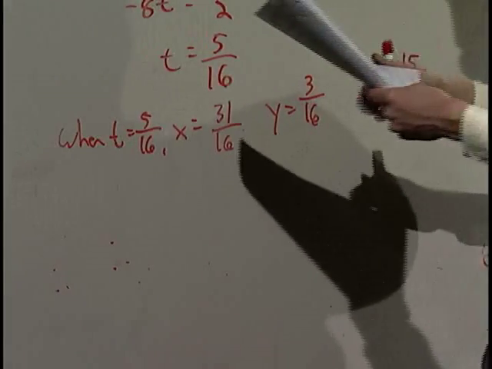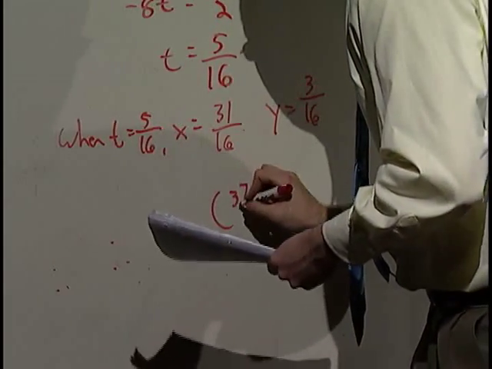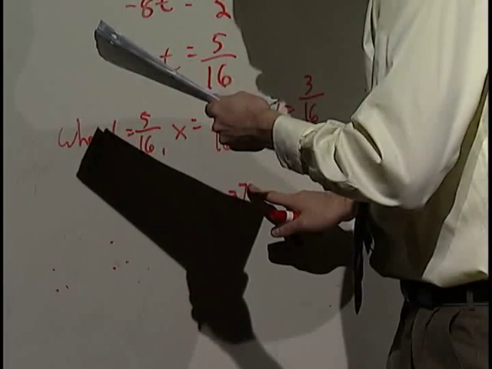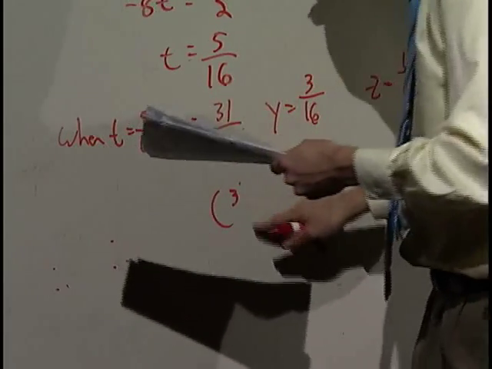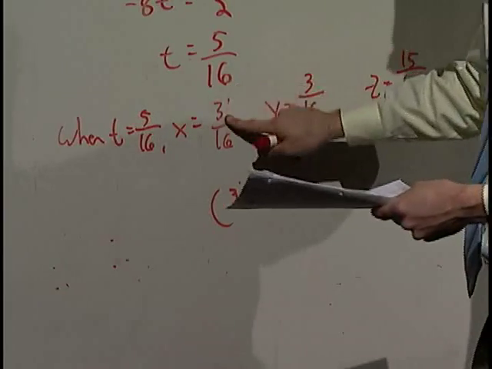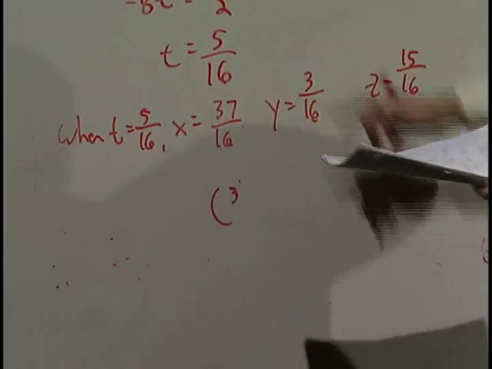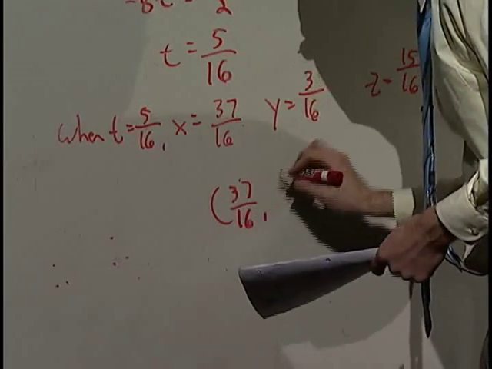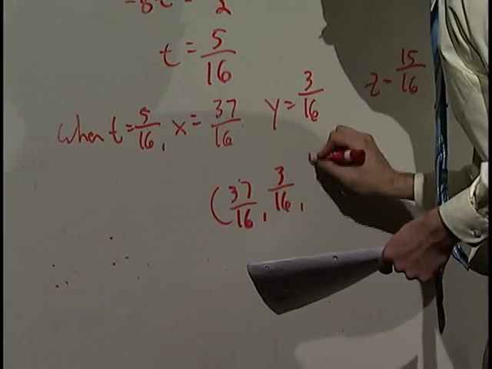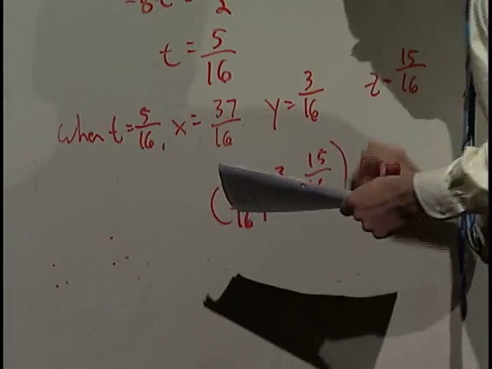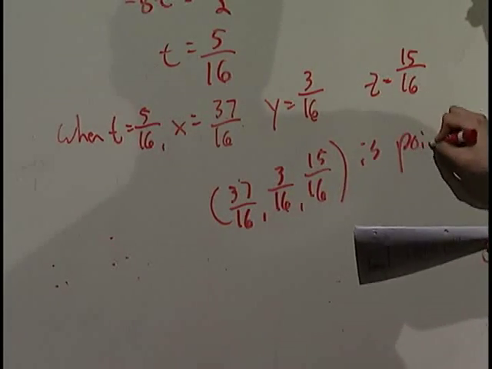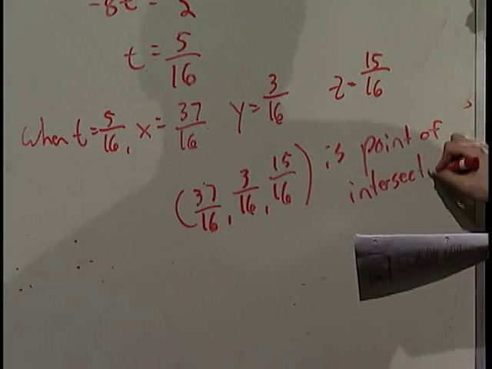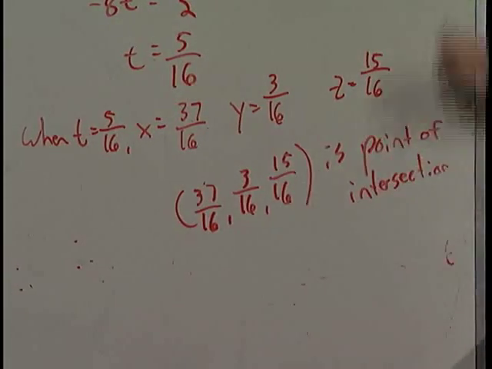And so the point of intersection is 37/16, 3/16, 15/16. Let me check that: 32 plus 5, yes, it should be 37. Yeah, that looks right. And so this is the point of intersection. Okay? So, there you go.